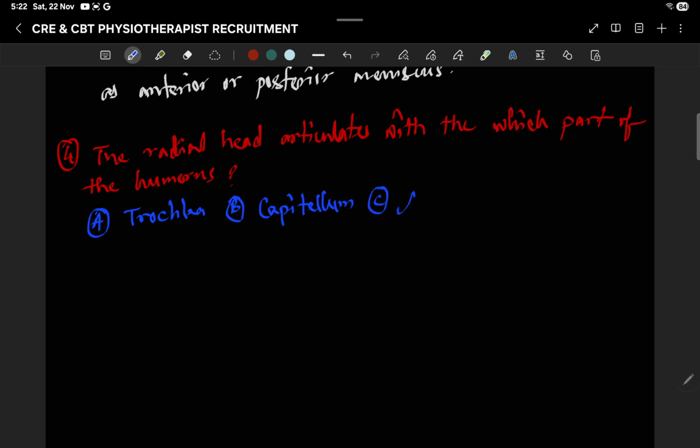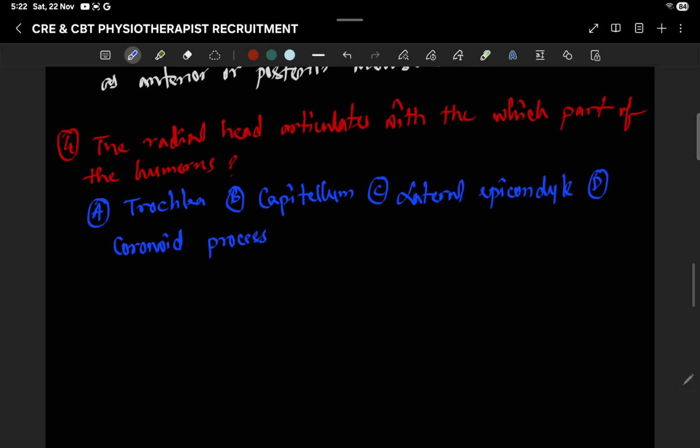Number C, lateral epicondyle. Number D, coronoid process. Yes, the answer is option B, the capitulum.